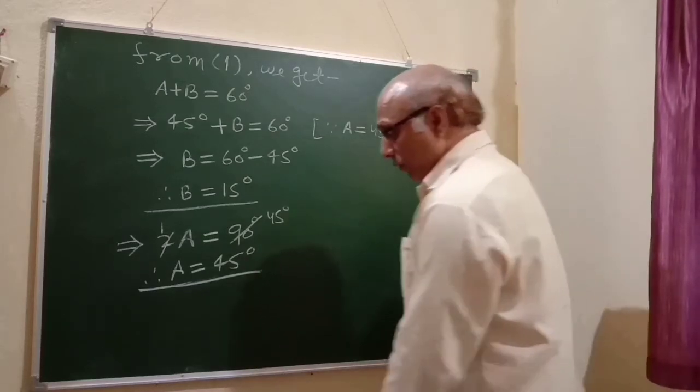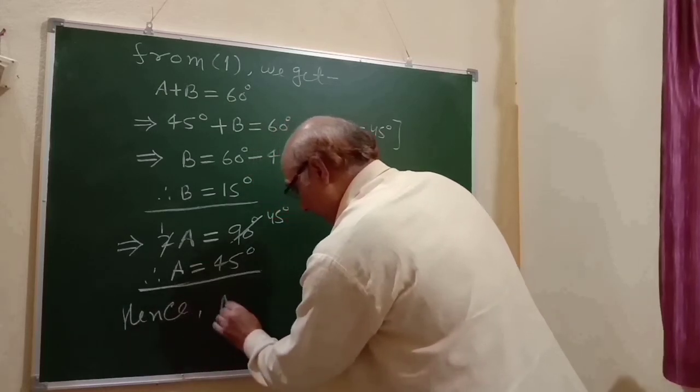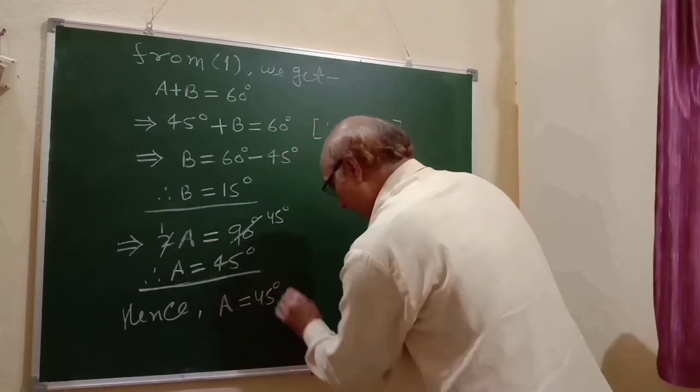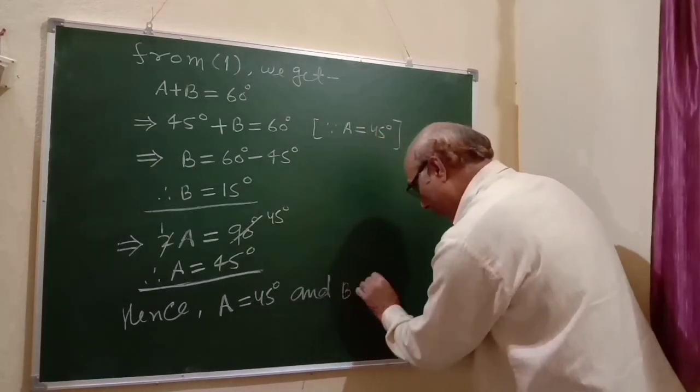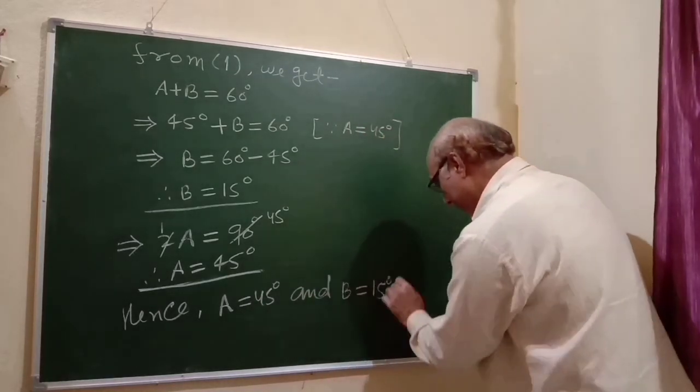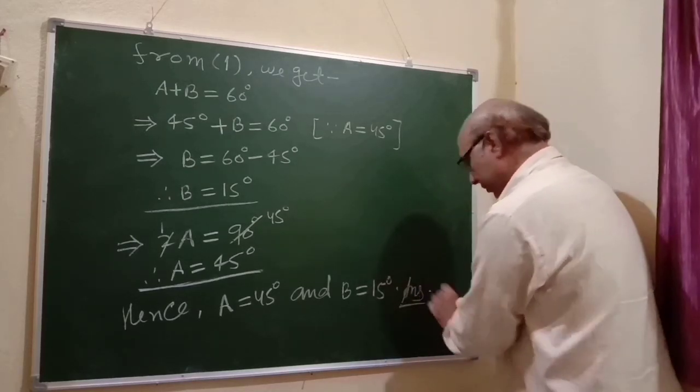So we have a equal to 45 degree and b equal to 15 degree. This is the answer. Thank you.